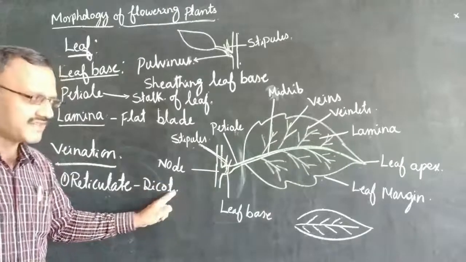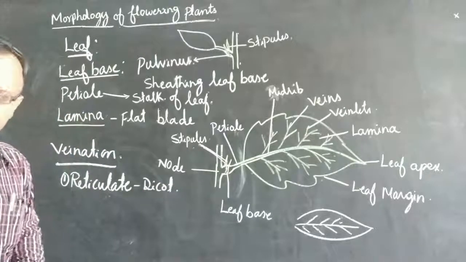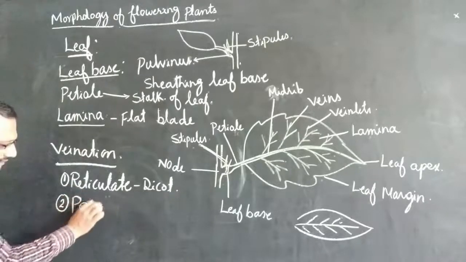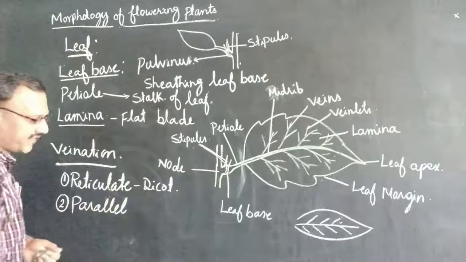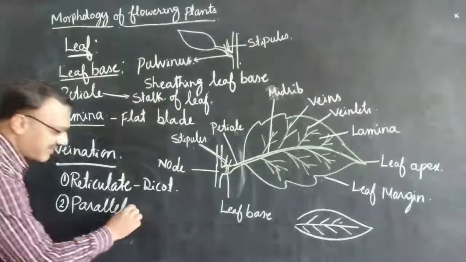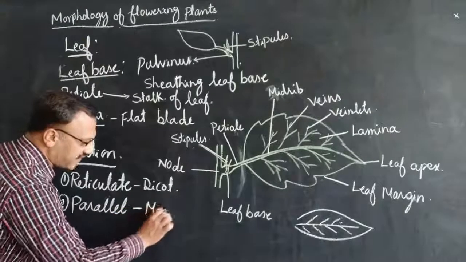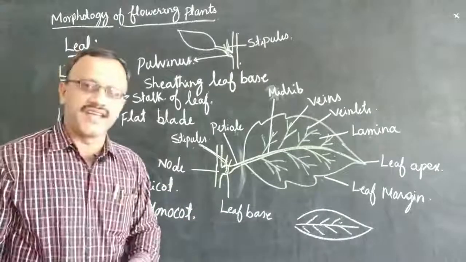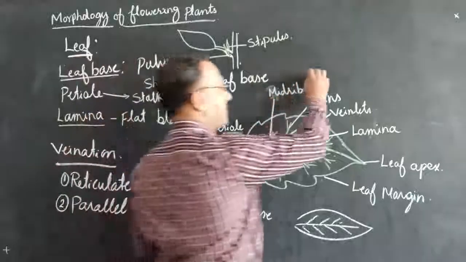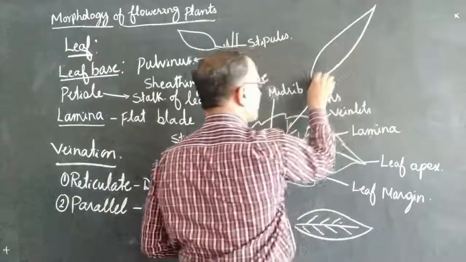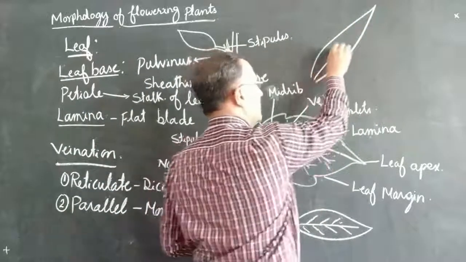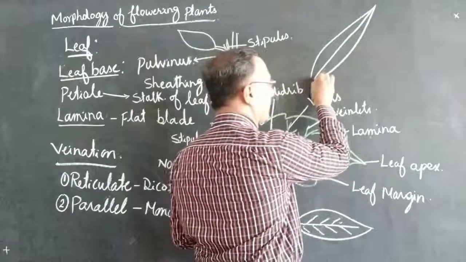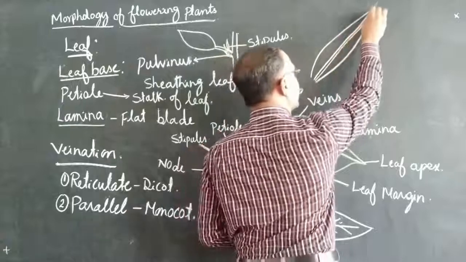Whereas in case of monocot plants, we come across a type of venation called parallel venation. Parallel venation is the feature in monocot plants, where, let me show here, there is a lamina bearing a midrib at the center and a number of veins running parallel with the midrib.